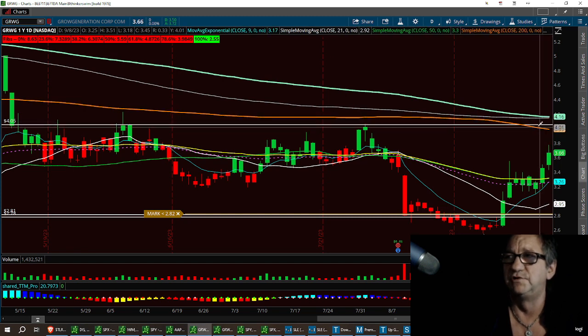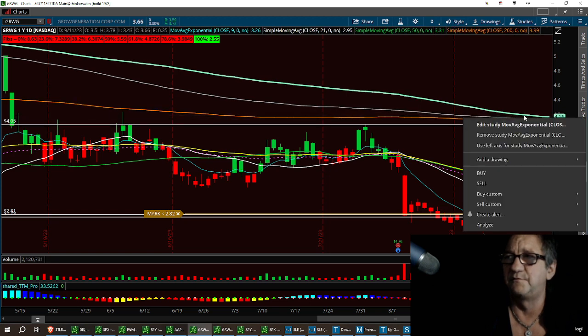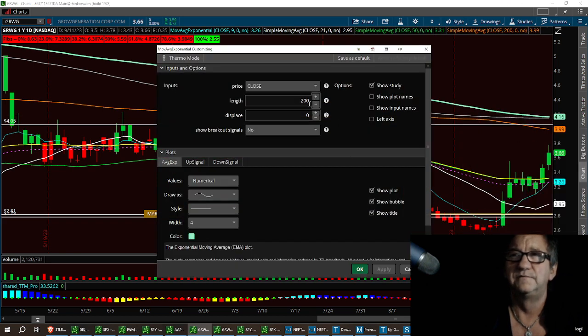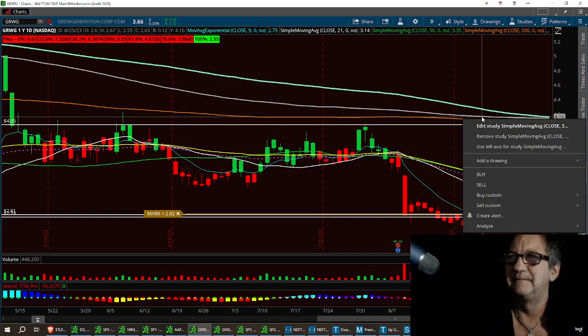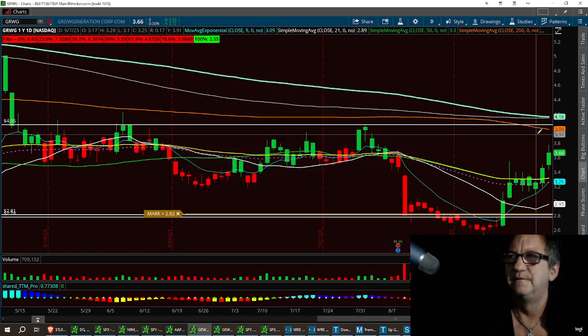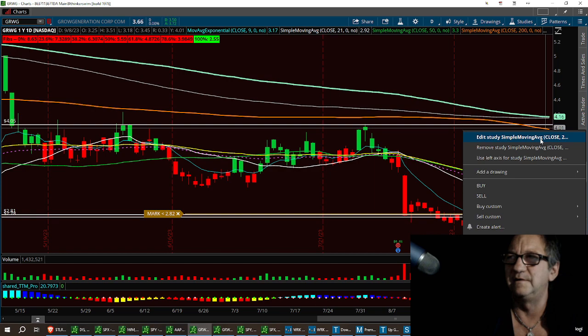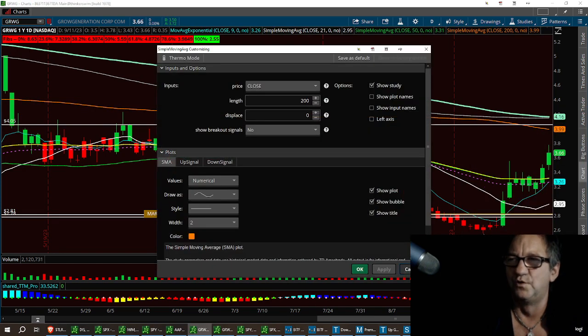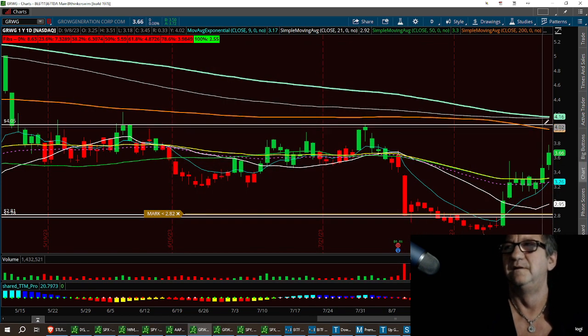We've got the 200 EMA on here, I got the 300 SMA on here, and I got the 200 SMA on here. So that's a real hard resistance to break.